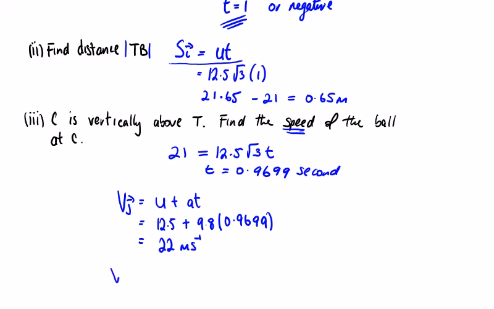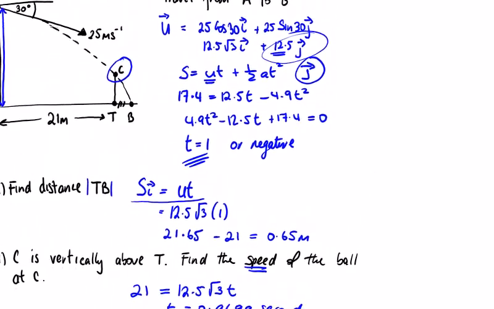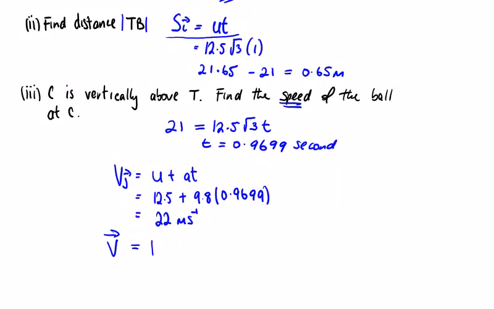So my overall velocity vector at this point is my i 12.5 root 3, and at this point it's traveling at 22 in the j direction. So we've worked out 12.5 root 3 already up here.